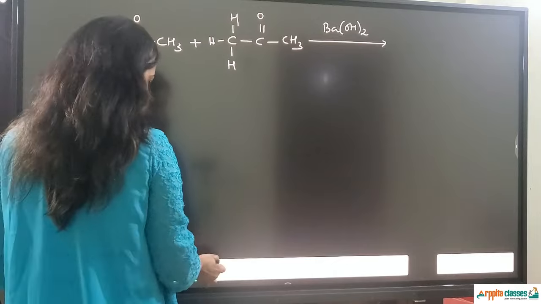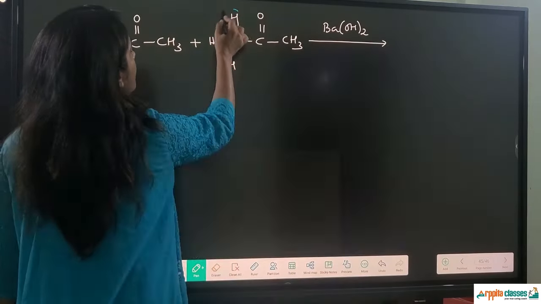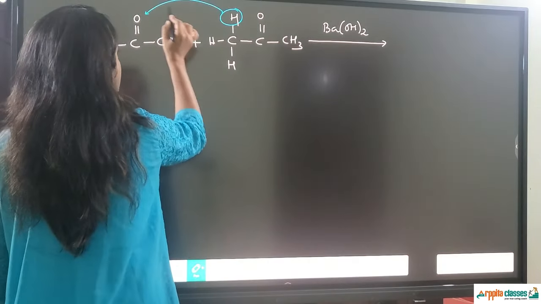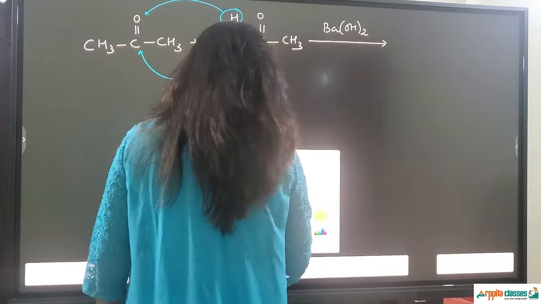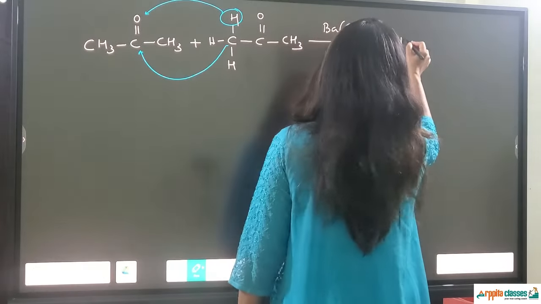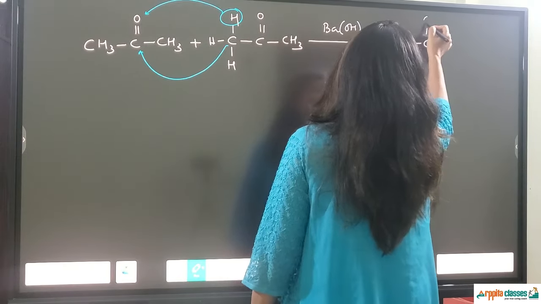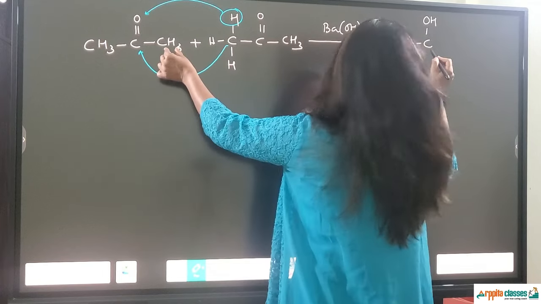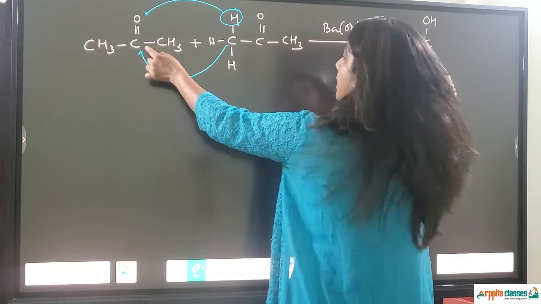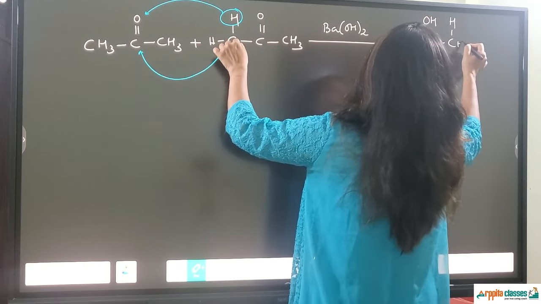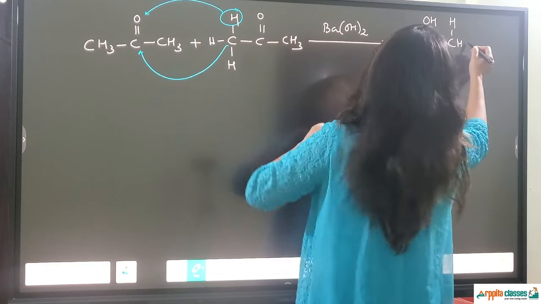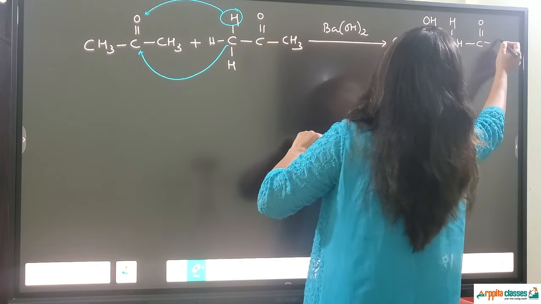So this hydrogen, which is your alpha hydrogen, gets attached to this, and this carbon gets attached to this. So the product we get is CH3COH. I'm writing this CH3 down, and then there is a carbon-carbon bond. This carbon having two hydrogens, I'm writing one hydrogen like this, and then C double bond O CH.